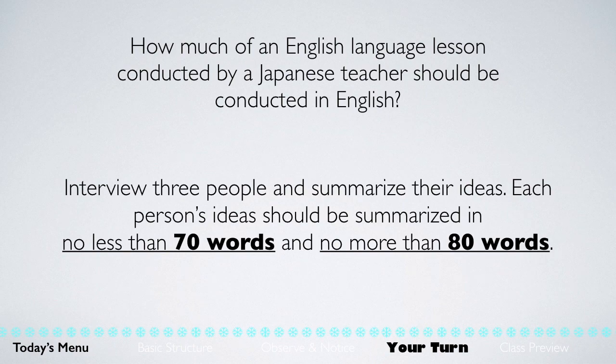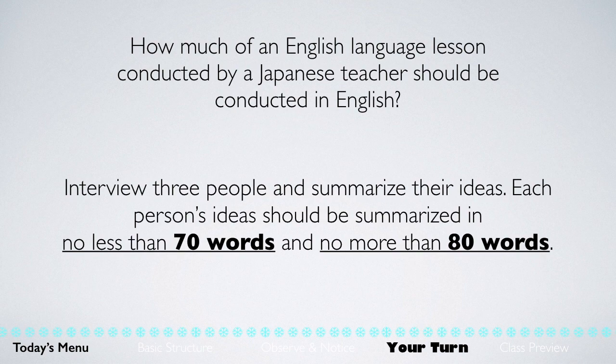So your challenge this week is a little tougher than the example composition I just showed you. I would like you to think about how much of an English language lesson conducted by a Japanese teacher should be conducted in English. I would like you to interview 3 different people and summarize their ideas in 3 separate paragraphs in the body of your composition.